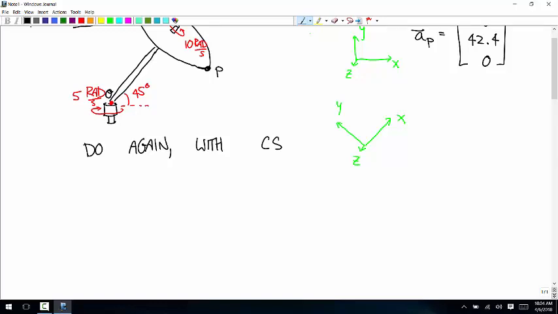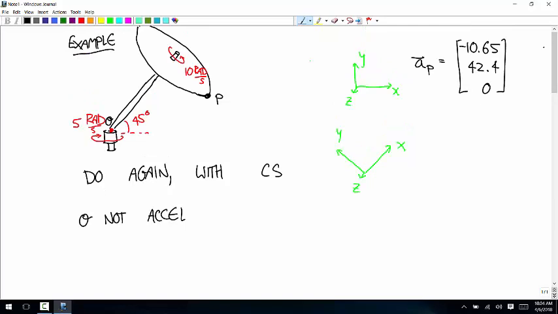Okay, so is the origin accelerating? But the coordinate system is rotating.